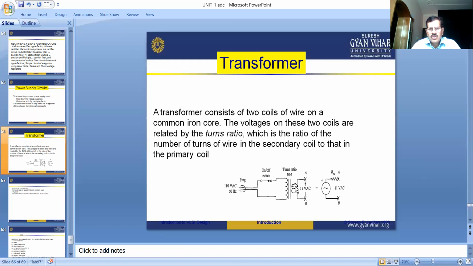The positive terminal of one diode is connected to the positive terminal of the transformer, and the negative terminal of the transformer is connected to the negative terminals of the diodes, in which of the 4 diodes, 2 diodes are forward bias.